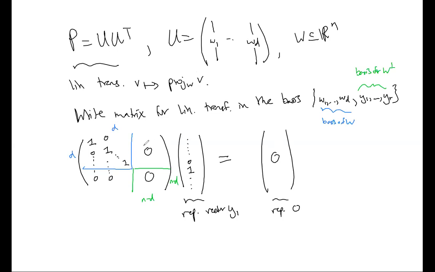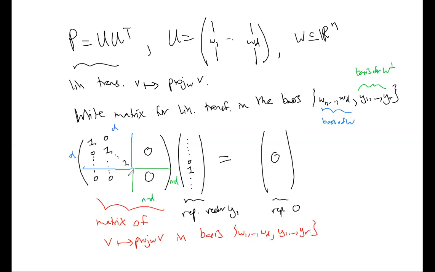We just diagonalized P. So in this basis, W1 through WD and Y1 through YR, this is the matrix for P. This is the matrix of V maps to proj W V in the basis W1 to WD, Y1 to YR.